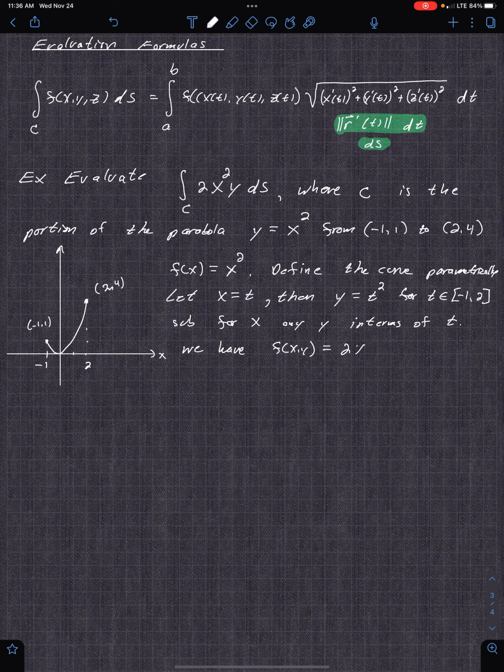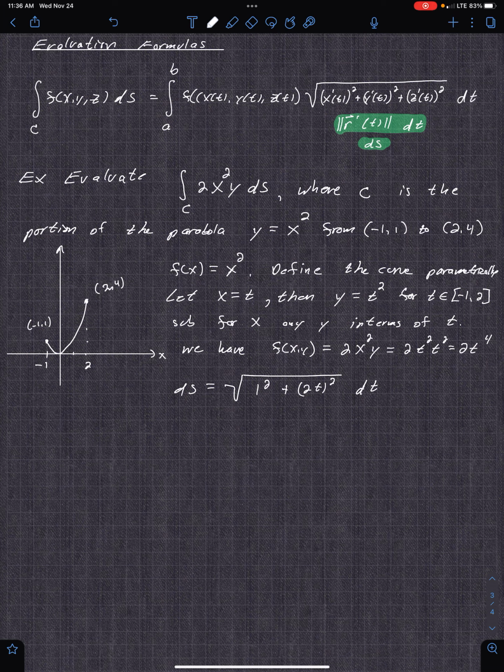So 2x squared y is equal to 2t squared times t squared, which is 2t to the 4th. And then your ds will be the square root of, now this is x(t) and this is y(t), so you do those derivatives and take their squares. So it's just 1 squared plus (2t) squared dt.